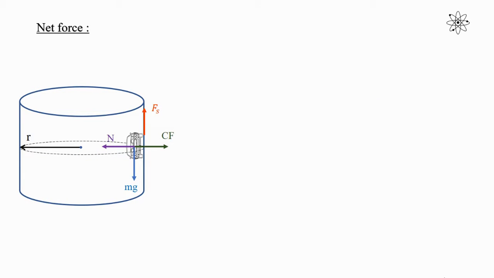Now let's discuss the net force acting on the vehicle. The balancing condition for the vertical motion of the vehicle is mg less than or equal to the limiting force of static friction. The balancing condition for the horizontal motion is that the normal reaction is equal to the centripetal force mv square upon r.